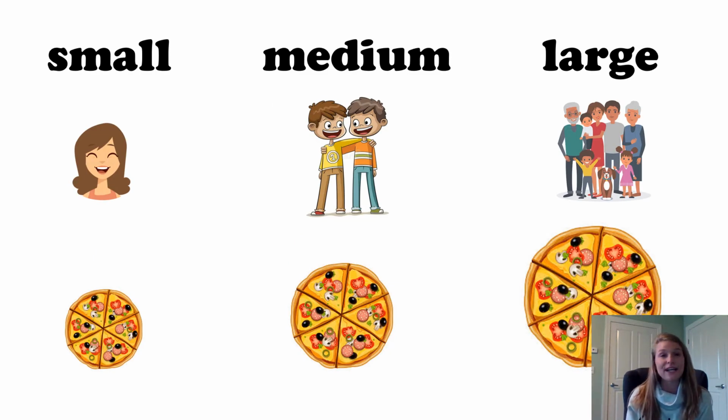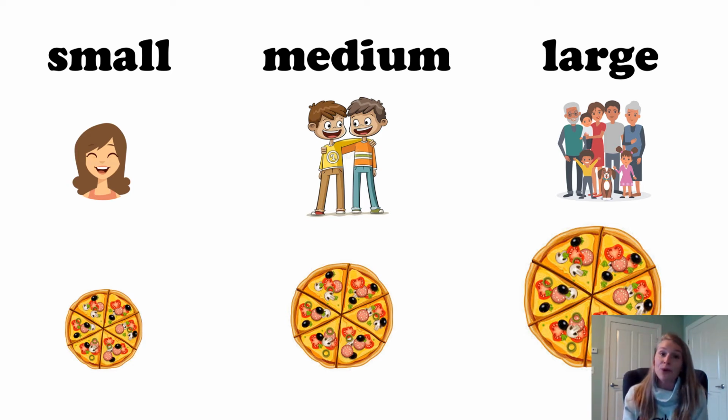A good way to think about what size you should order as you're ordering takeout is to think about who you're ordering for. So if I am ordering pizza just for me, a small pizza would be a good size. Let's say that together. Small pizza.